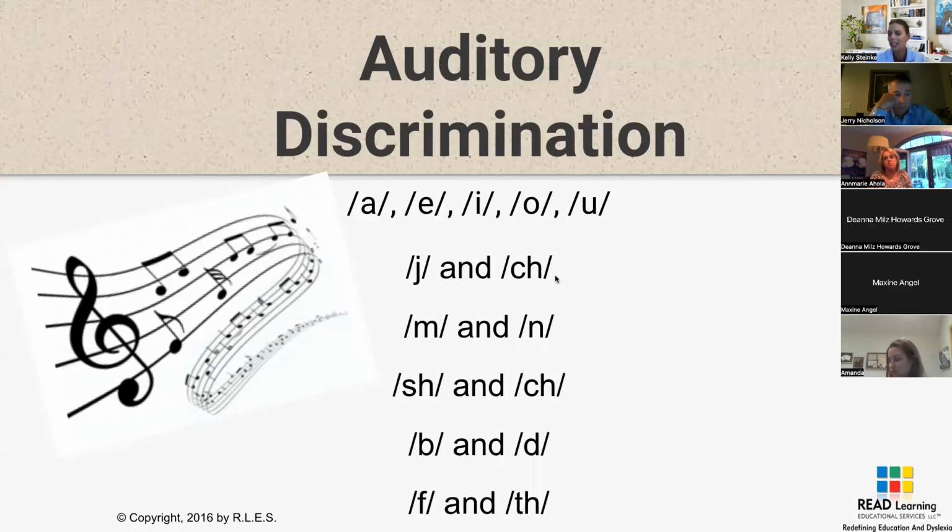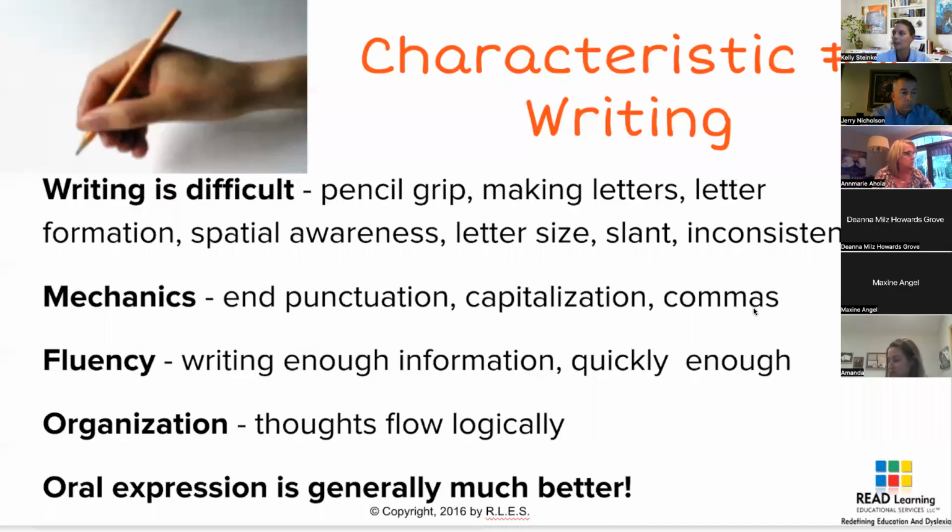So you're training them to feel the difference. What are the lips and tongue doing when you say j, and how is that different from ch, and so on and so forth. So just a quick plug for auditory discrimination. If there are too many issues, they're really not going to progress very well.